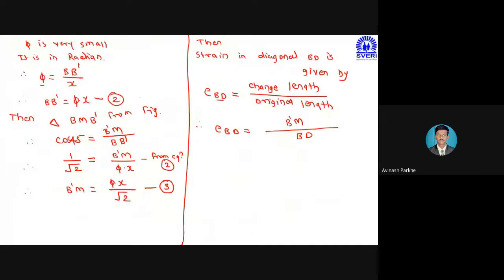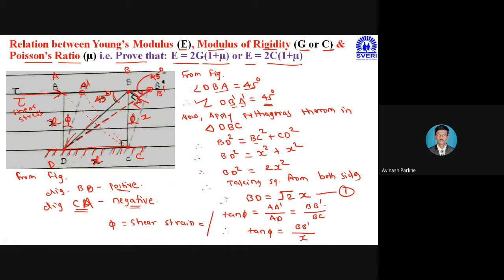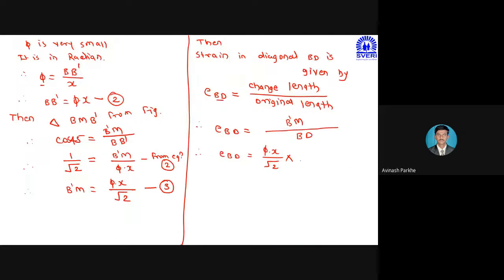Okay, therefore E of BD is equal to B dash M. Already we have calculated the value of B dash M here from equation 3, phi into x divided by √2, into 1 upon BD. What is the value of BD? Equation number 1 we have calculated: √2 into x.